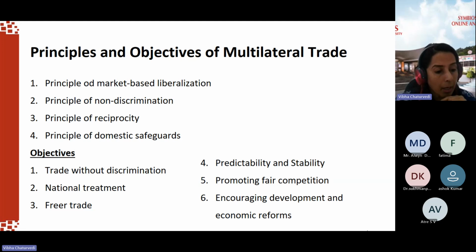For example, if there is an agreement that has been made and one of the countries wants to opt out of it at a later stage because it feels that rather than benefiting from this clause, it is actually losing out more in terms of revenue or whichever way, there should be a clause where it can opt out of that agreement also.